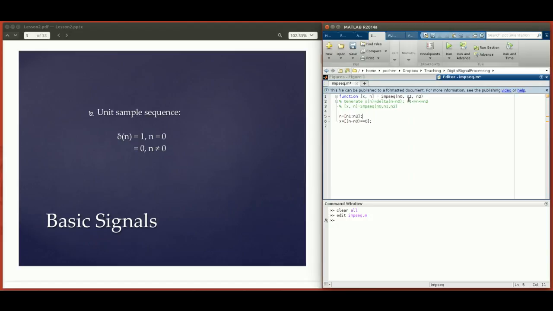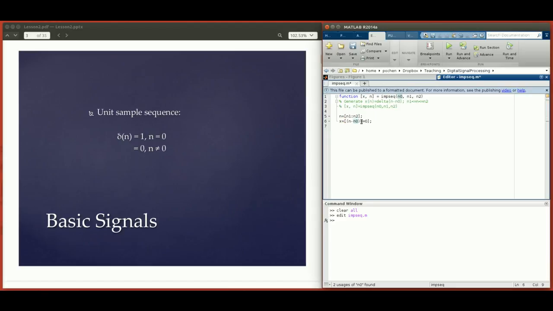Otherwise, if n0 is either smaller than n1 or larger than n2, then this unit impulse is not going to give you a unit amplitude within this range. It's just going to give you flat zero, right? So here I'm using n, this vector, subtract this scalar. So what's going to happen is that every element inside this vector n is going to subtract n0.